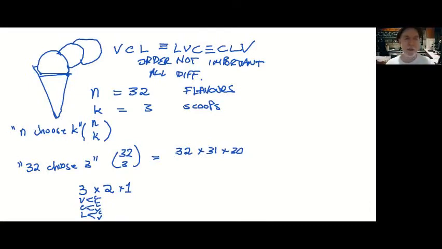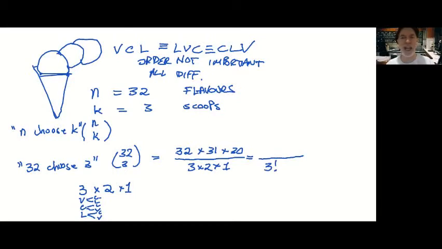We've got 3 times 2 times 1, which in this scenario, okay, I'm going to write it down here. 3 times 2 times 1. Now we've got a shorthand way of writing that, because this is the kind of thing we see a lot of, and that is 3 factorial.